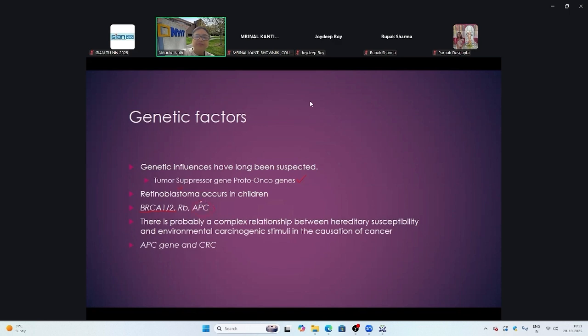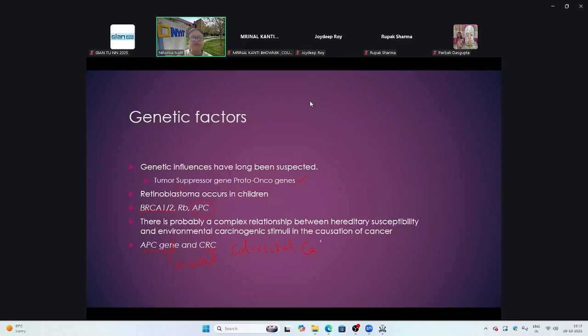APC, people have APC, so I put it down here. APC is related to colorectal cancer. So, cancer in the colon and the rectum, so colorectal. And this APC gene, if it is mutated, then very likely that mutation will lead to colorectal cancer at a certain age.